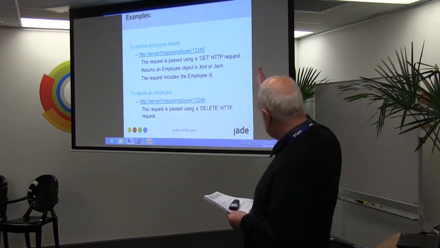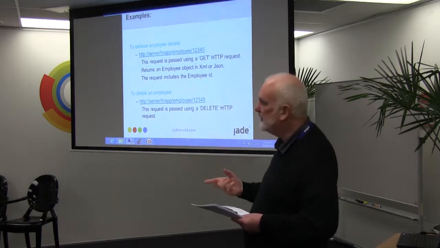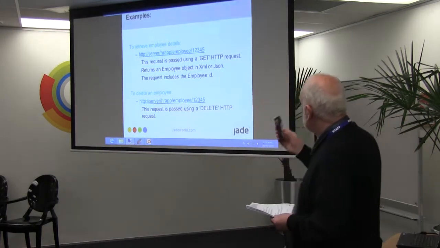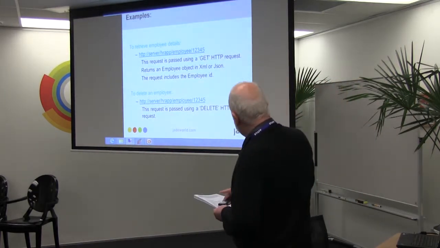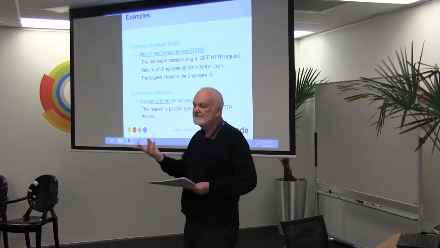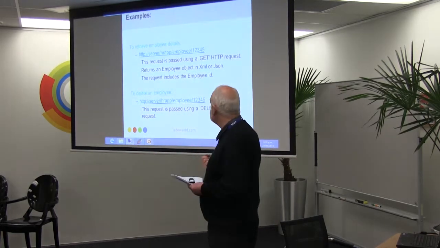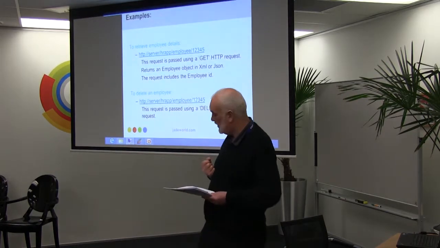And any slashes after that are the parameters that you're specifying for this request. So if you pass that through with a get HTTP request, then you're saying essentially, by definition, I want to retrieve the definition of that employee, if it exists.